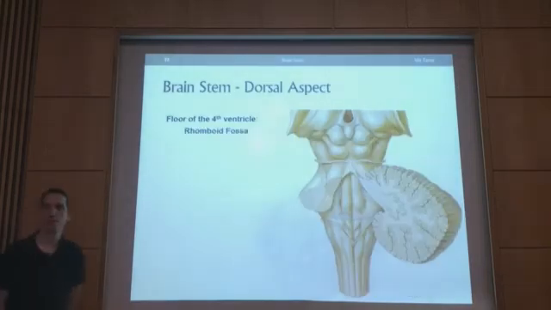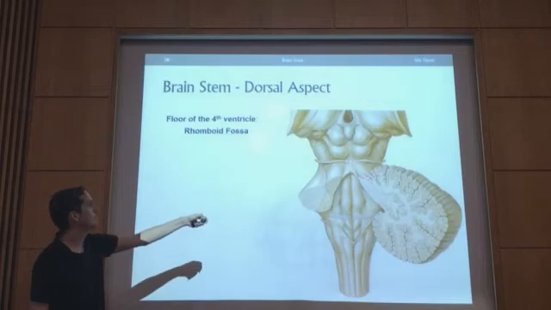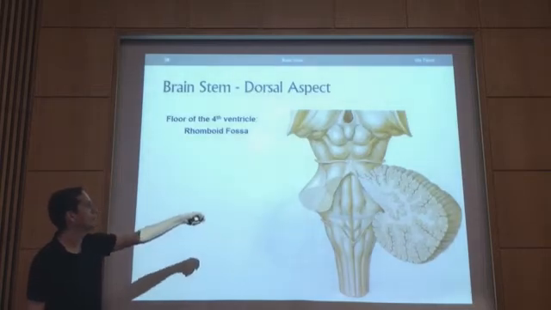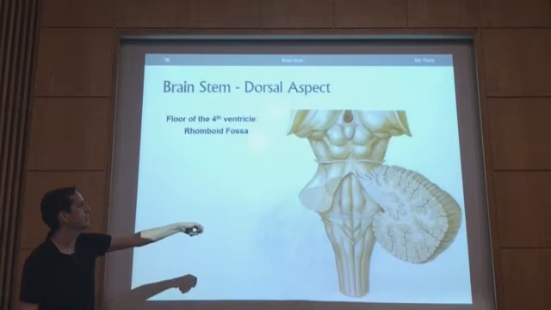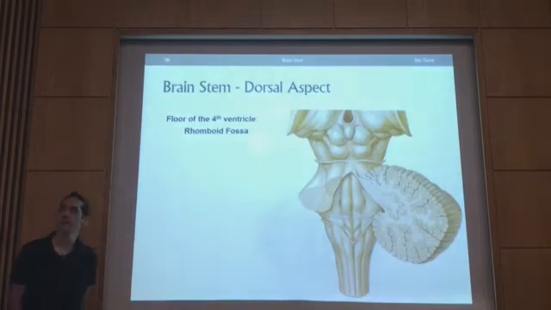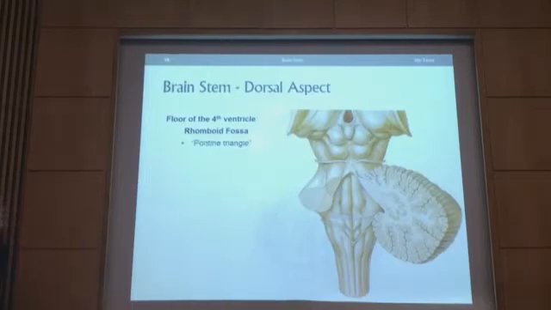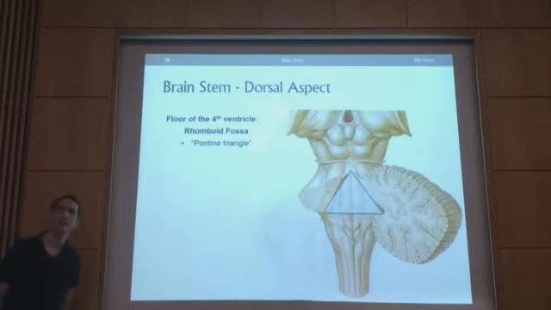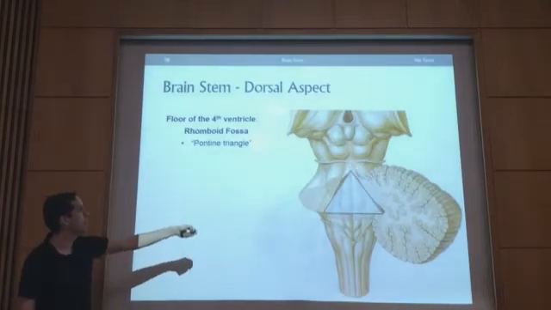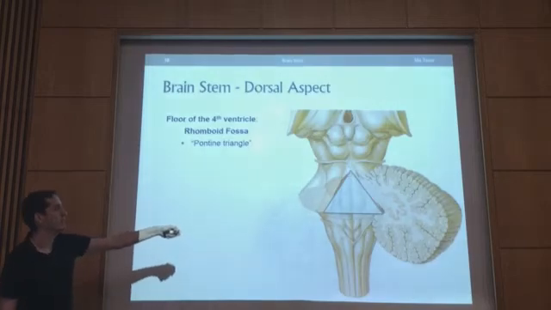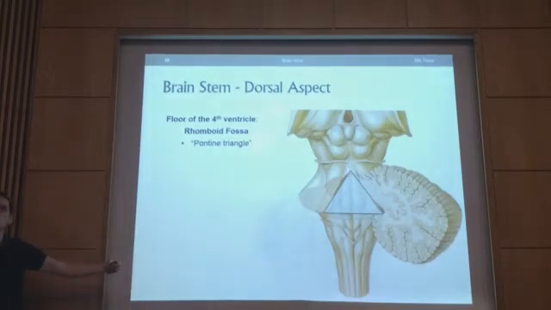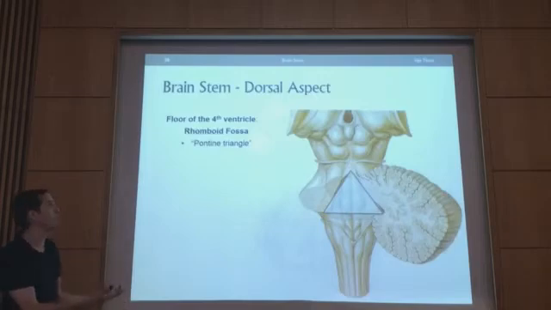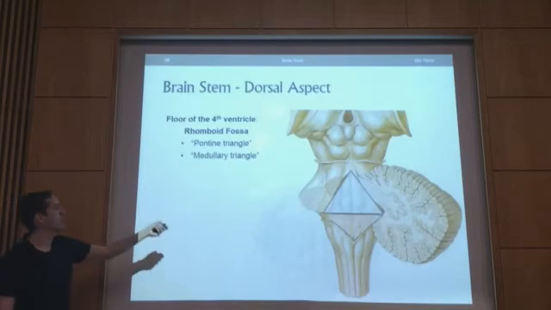So the floor of the fourth ventricle, you can see that it has the shape of a rhomboid, of two triangles joined together to make a rhomboid, and this is why the floor of the fourth ventricle is also called the rhomboid fossa. So the rhomboid fossa is built from a pontine triangle. This is the part of the pons we see in the dorsal aspect, and a medullary triangle.